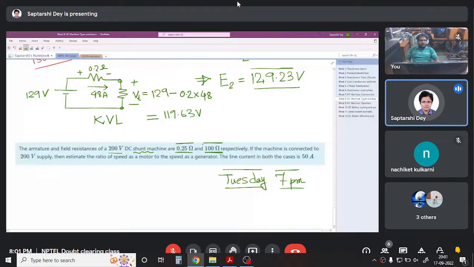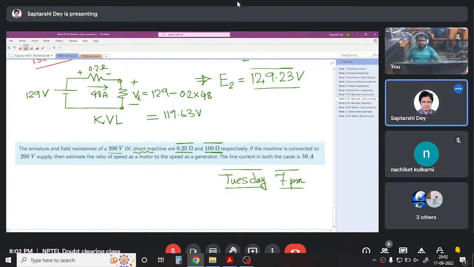Typically, the field resistance is much large compared to the armature resistance in case of a separately excited or shunt excited machine. For series excited machine, they are very close to each other because the whole armature current flows through it.